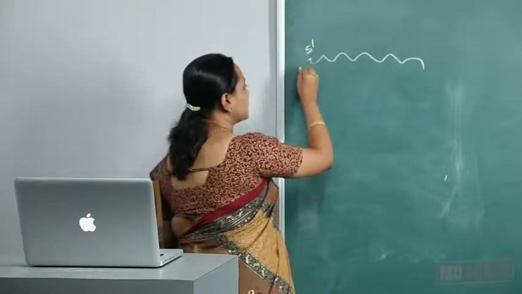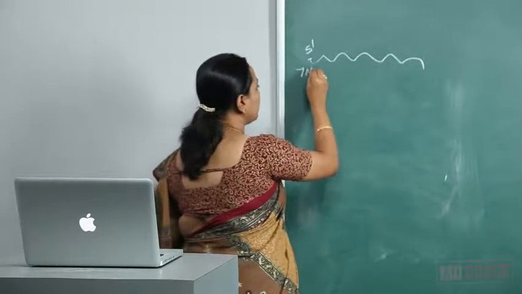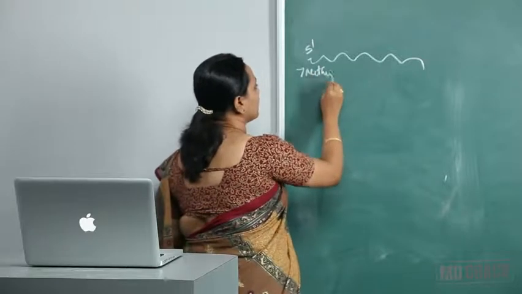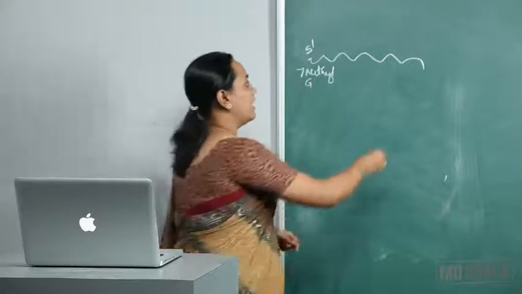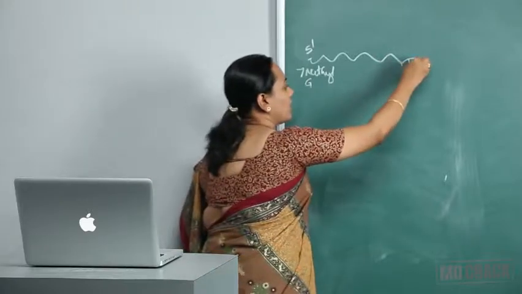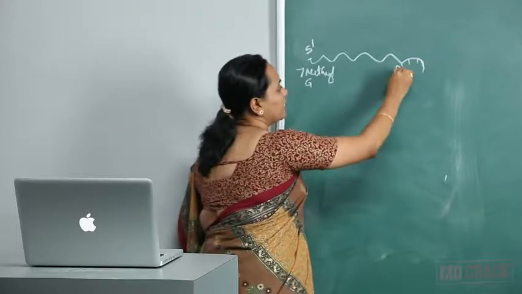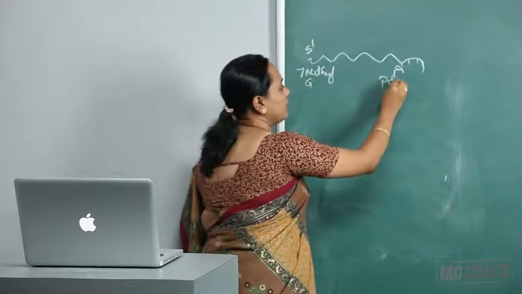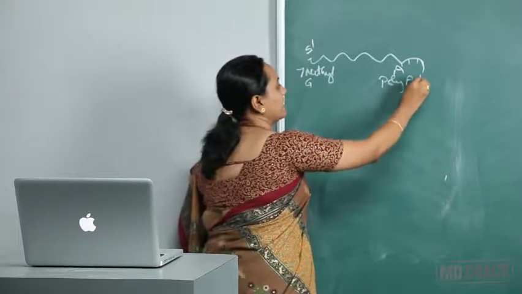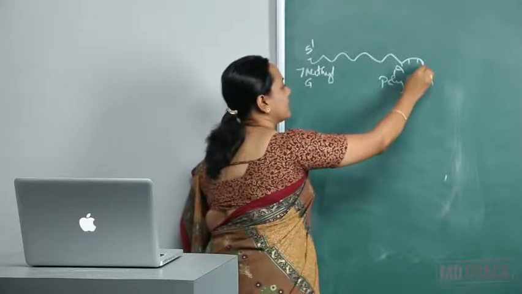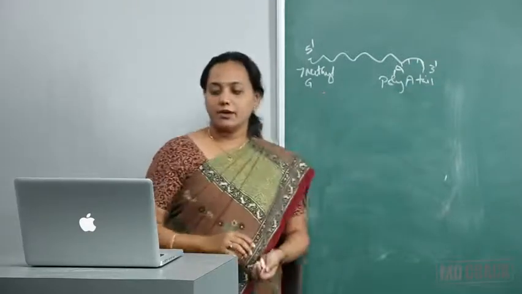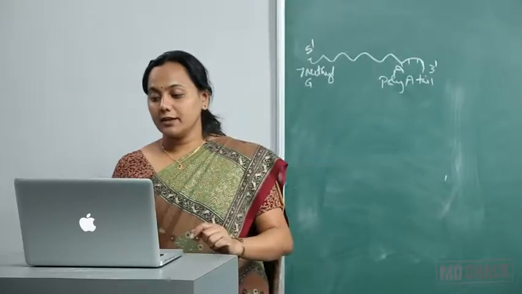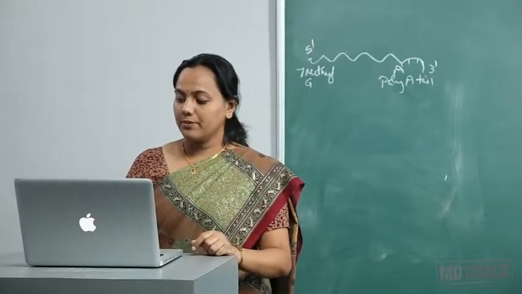It has a 7-methyl guanosine. Guanosine is present at the 5' end. At the 3' end, it has a lot of A, and this is called the poly A tail. So it is a head and a tail, you can say. This is at the 3' end, and this is mRNA. Now each mRNA can be translated into a polypeptide.